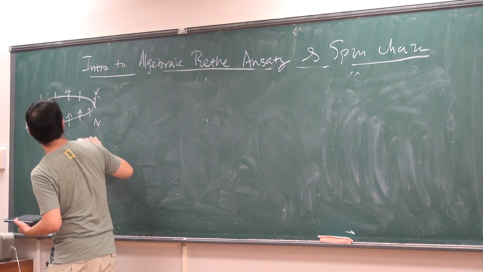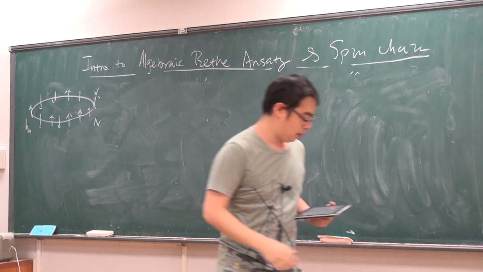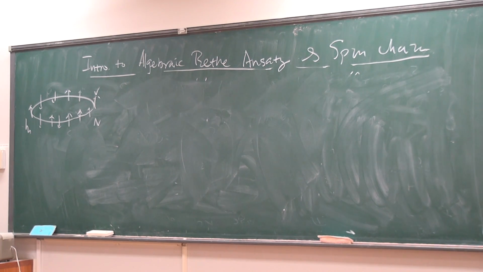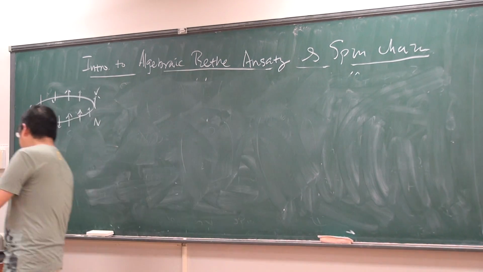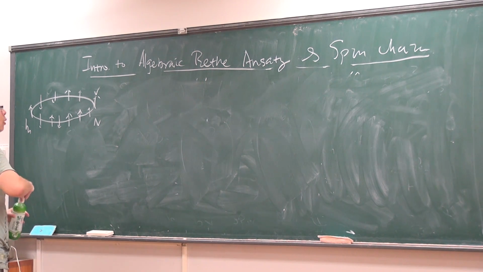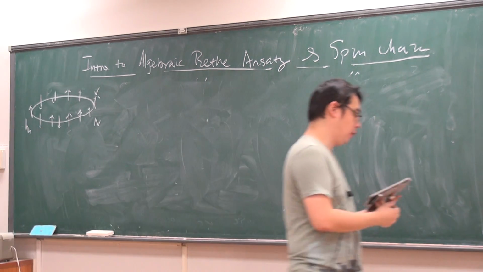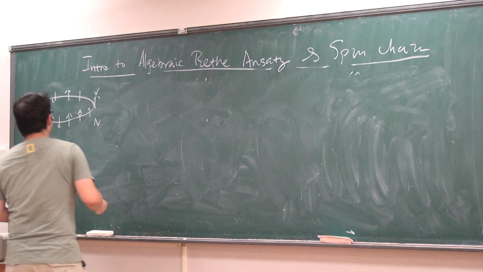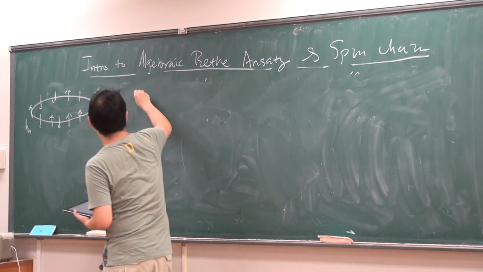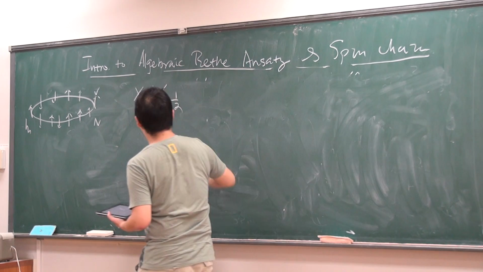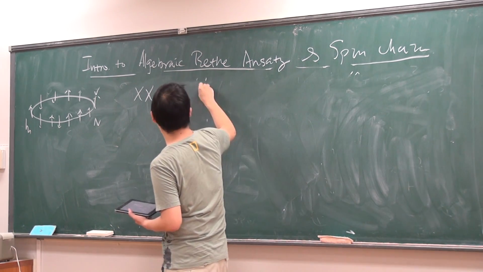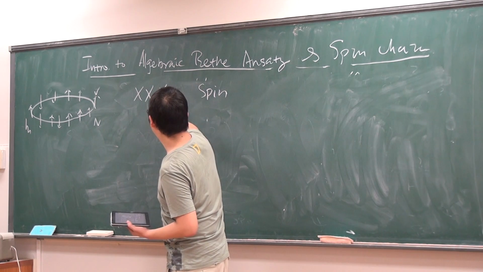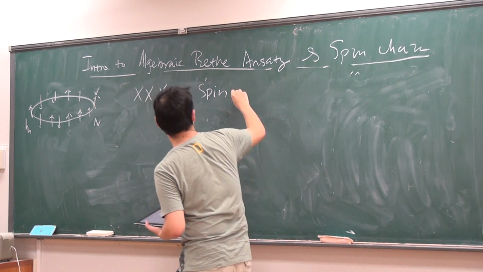Okay, so I guess I can keep this diagram. All right, so we'll be looking at the explicit example of the spin half spin chain.